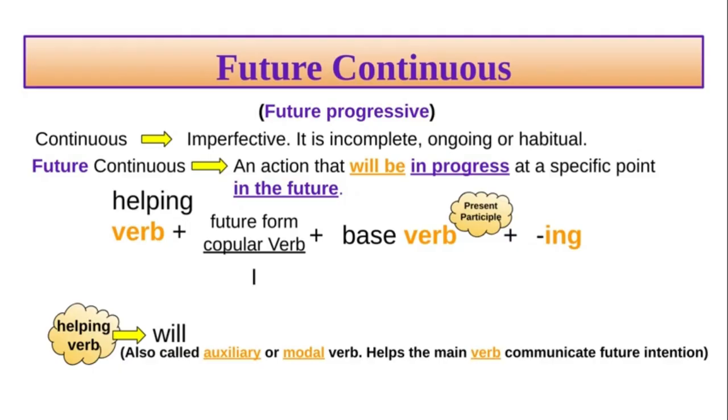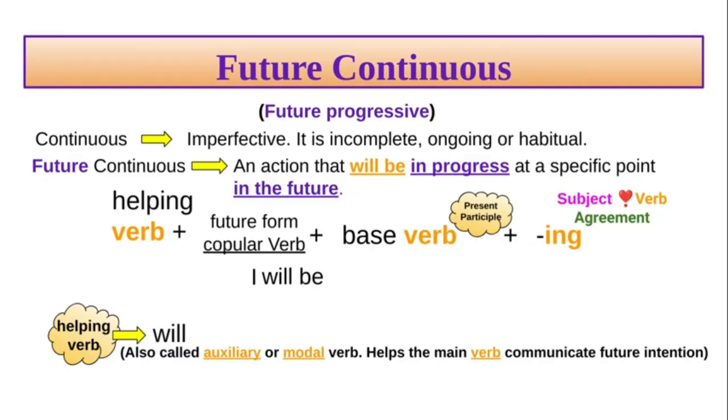Here is a sentence using the subject I, a first person singular pronoun. Okay, the helping verb will. Will communicates future intention. The future form copular verb that agrees with our first person singular pronoun, be, okay?